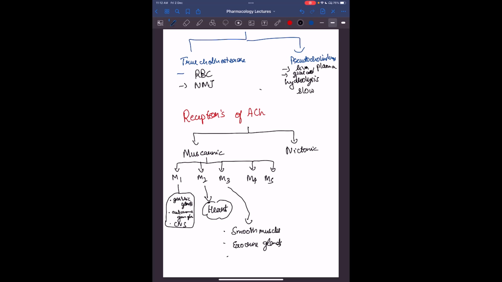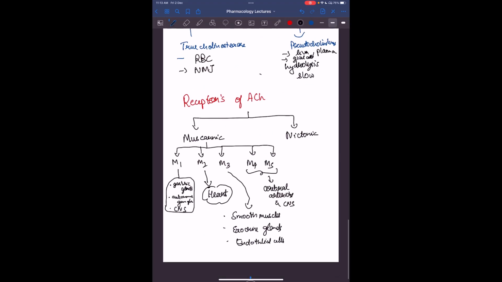Then we have endothelial cells, and so on. M4 and M5 are present in the cerebral arteriole and CNS.